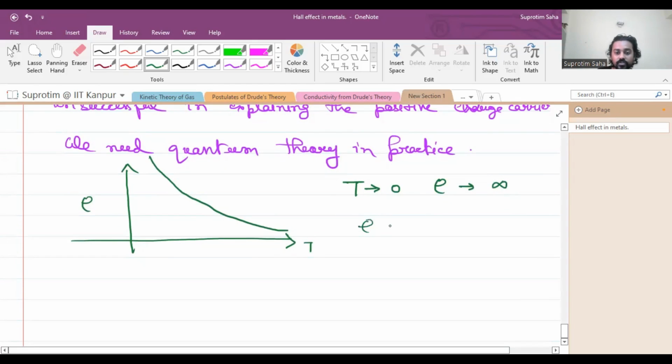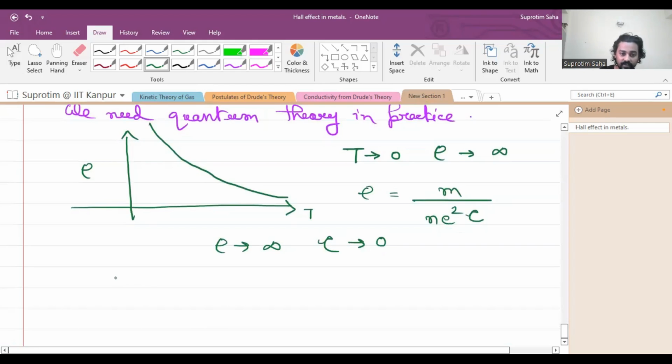That's because rho was m over n e squared tau. Rho tending to infinity means tau tending to 0. So tau was the average time scale between two successive collisions of one electron. That's tau tending to 0.